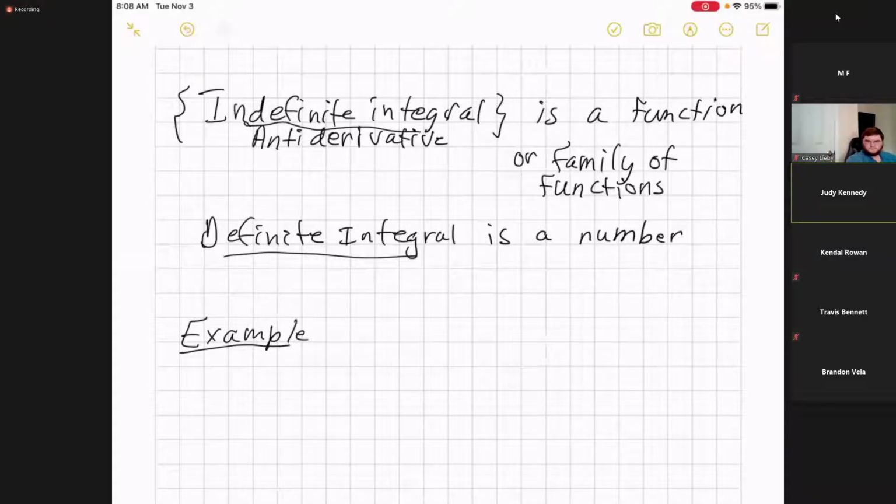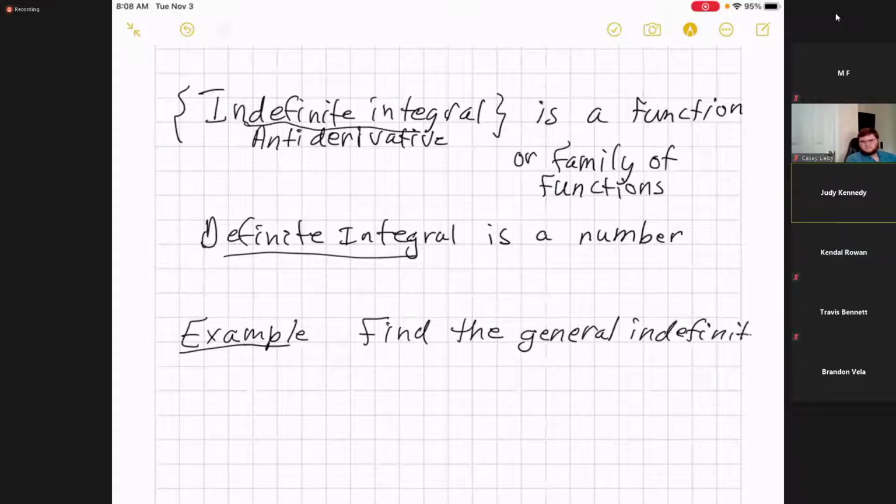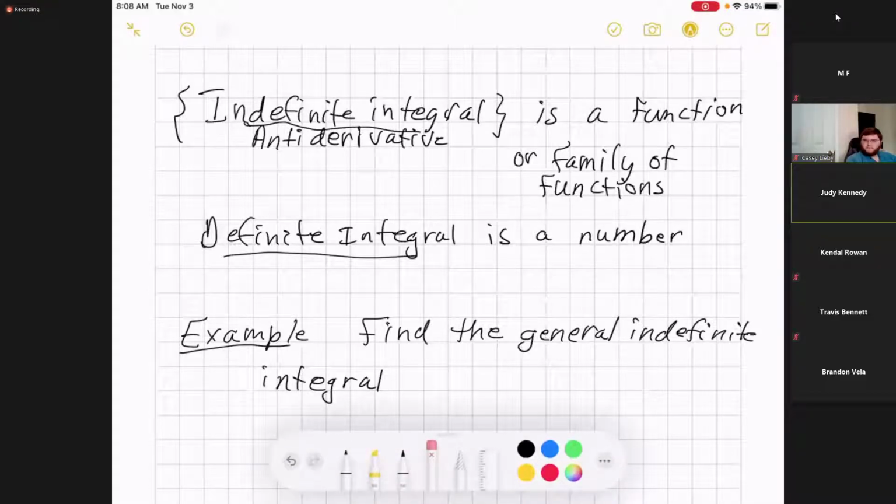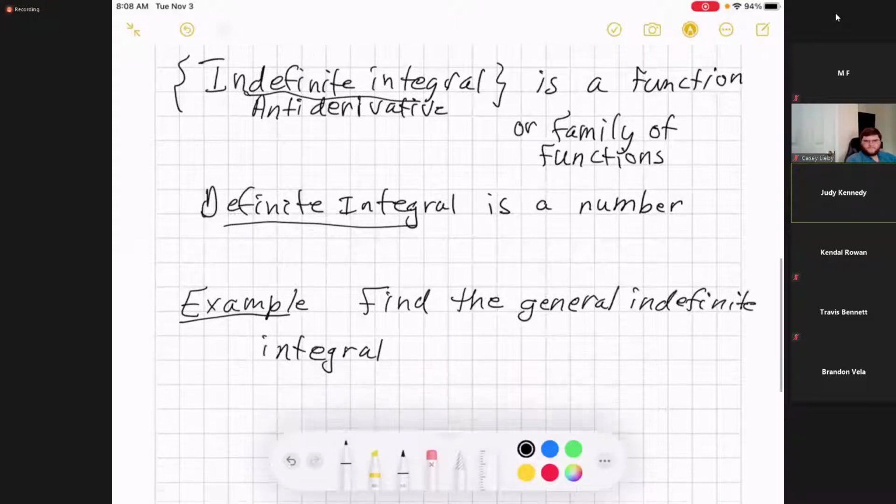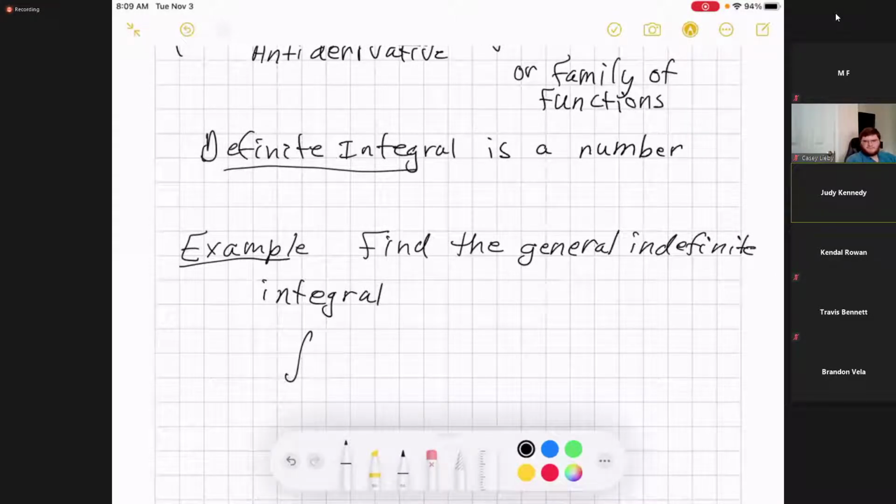Find the general indefinite integral. My function is 10x to the 4th minus 2 secant squared x.